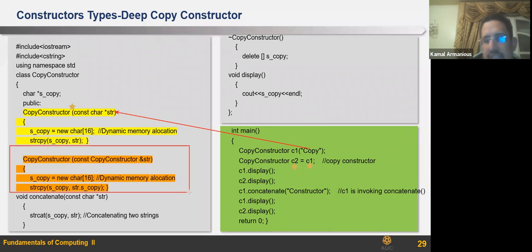Let's go step by step. C2 is equal to C1. Type. What will happen? It will call the second function. The second function has one input, which is str.